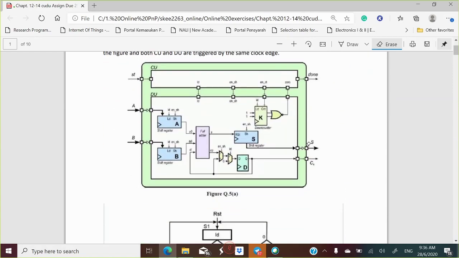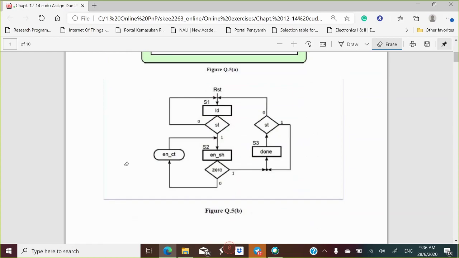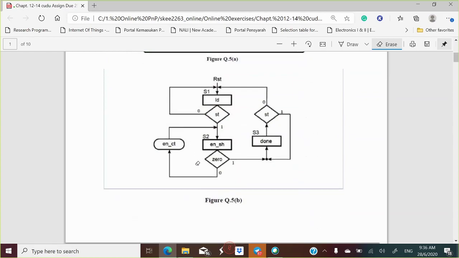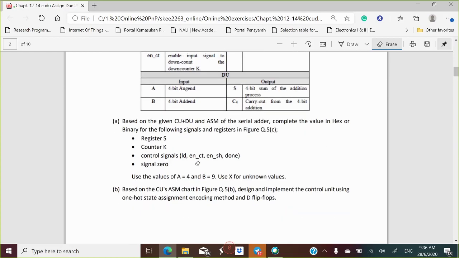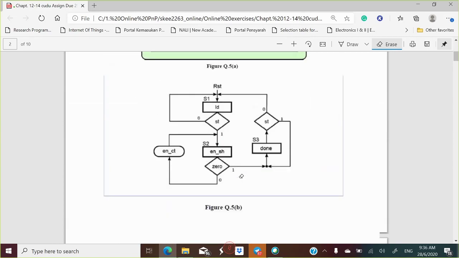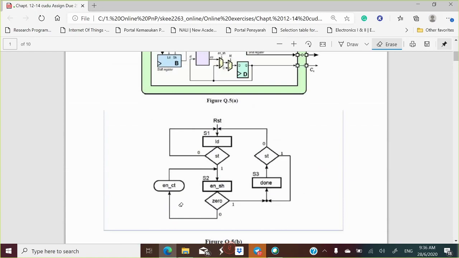So question 1 is on serial adder. The thing is, if you do this, you already know. But what I notice is that when you do your presentation, as long as your output appears, you're happy. But in the question, you have to really follow the ASM.